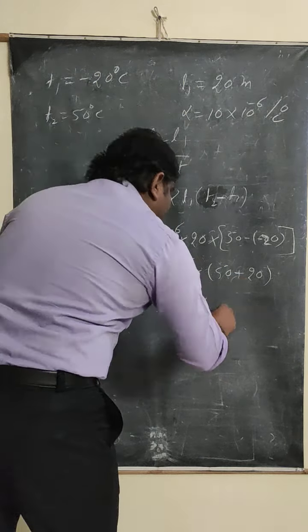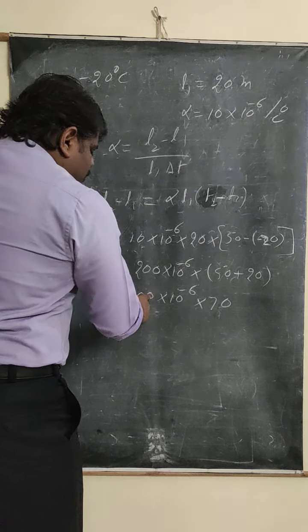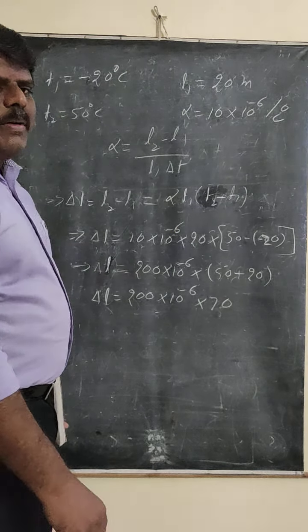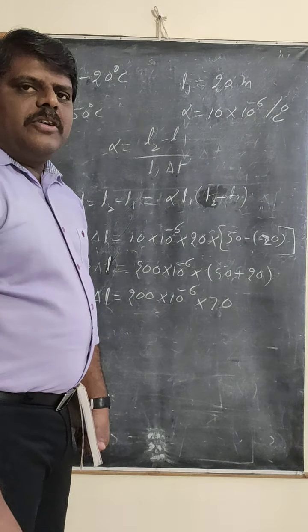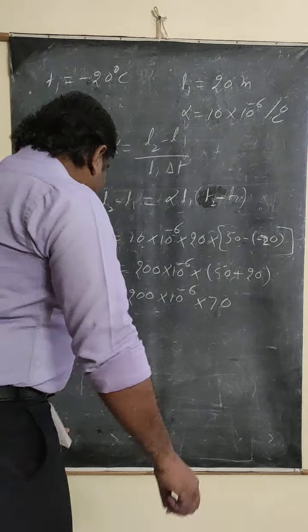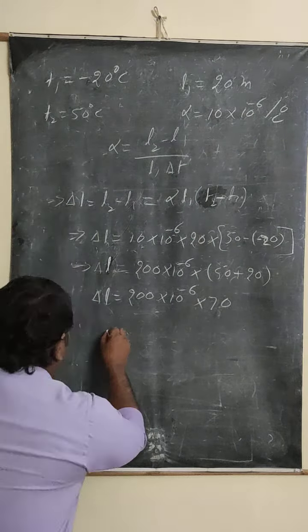Now simplify this equation. 200 has 2 zeros, so 10 power plus 3, and with 10 power minus 6 you get 10 power minus 3. So delta L becomes 2 into 7 into 10 power minus 6 into 10 power 3.